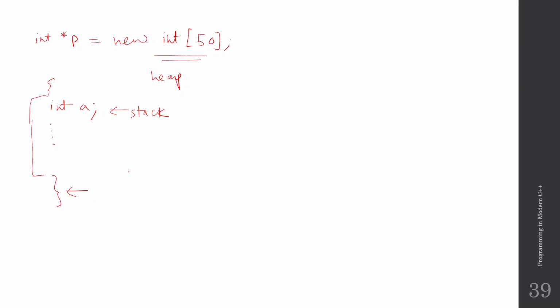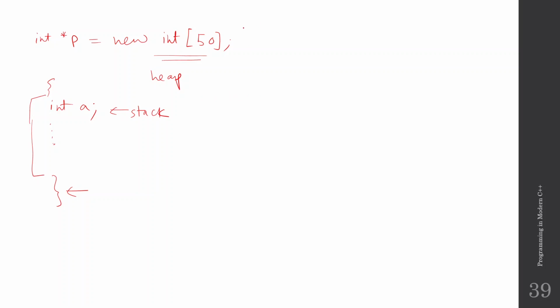So this prevents a memory leak in case of stack variables, because the deletion automatically happens whenever things go out of scope. So smart pointers are a way to mimic this behavior with pointers, so that whenever the pointer goes out of scope, it is released. That is the feature.